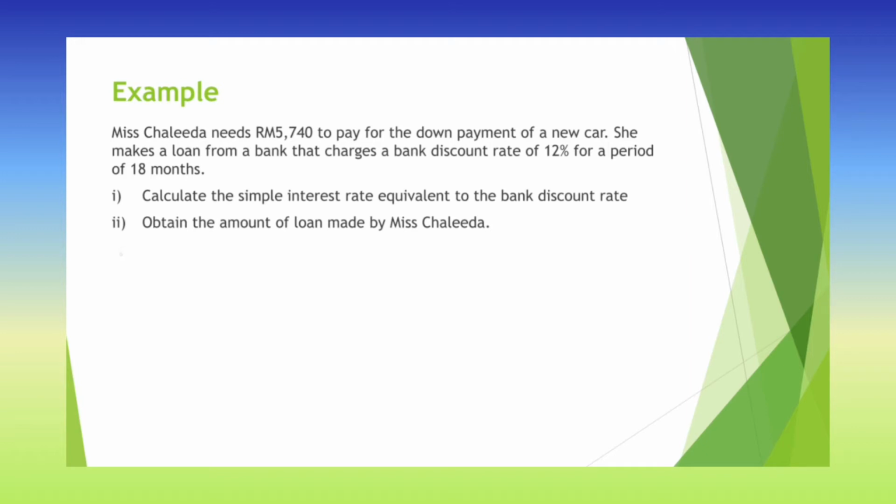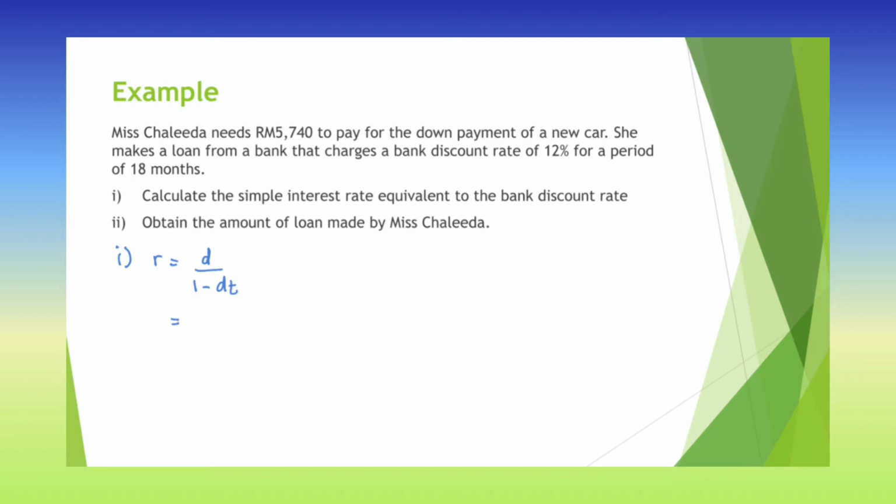Okay, so for question number 1, we can use the formula R equal to D over 1 minus dt.